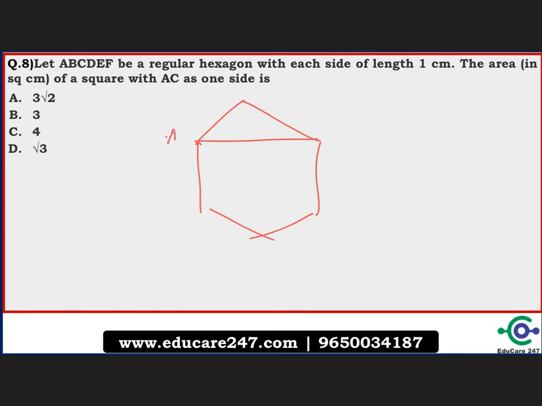So consider this as a hexagon A, B, C, D, E, F. So AB is 1. We also know that this angle is 120 degrees. So we draw a perpendicular bisector over here. So this is 90, so this becomes 60, this becomes 30.